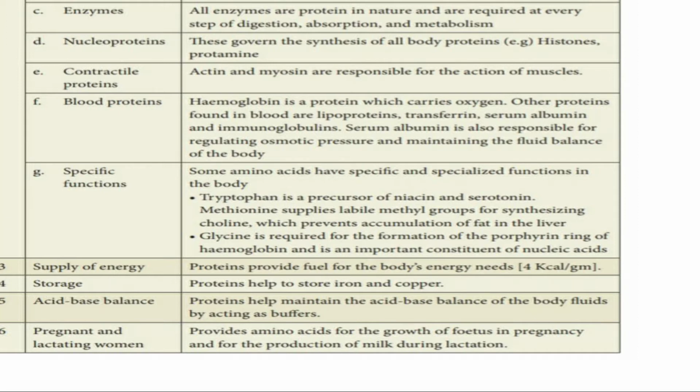Next is storage. Protein helps to store iron as well as copper in the body. Acid-base balance. Proteins help to maintain the acid-base balance of the body fluids by acting as buffers. Many proteins act as buffers, thereby maintaining the fluid balance and acid-base balance in the body.